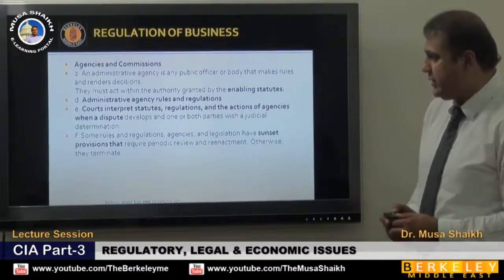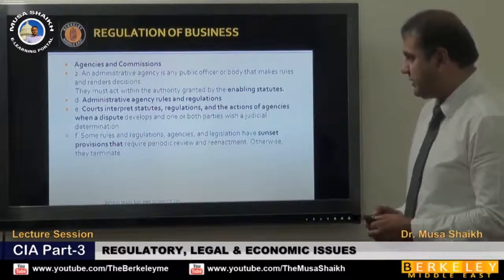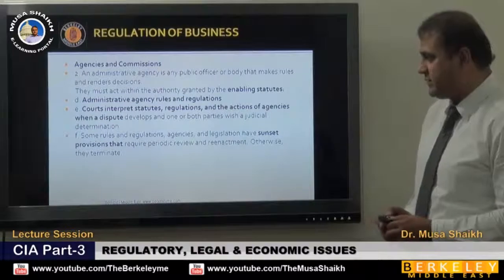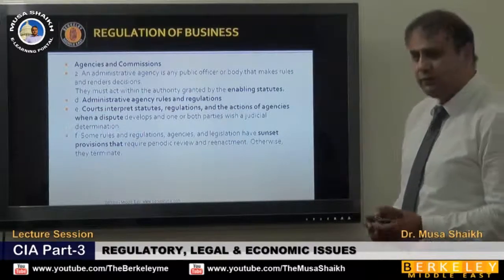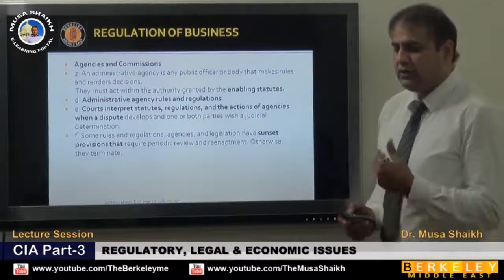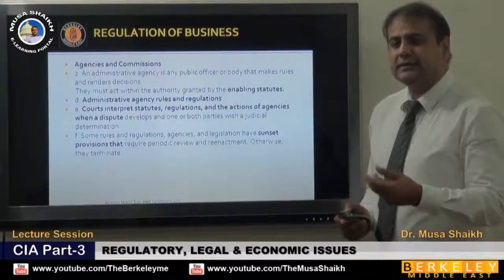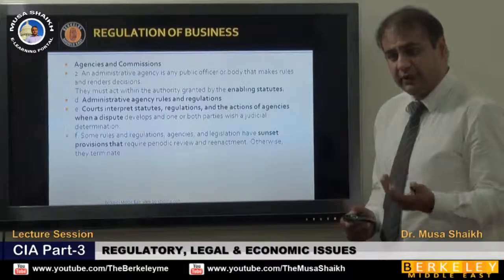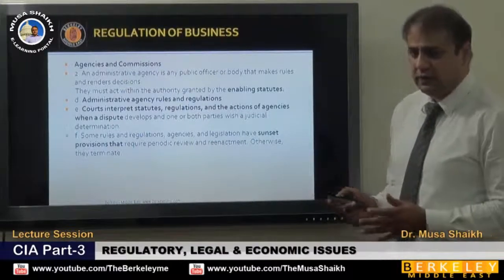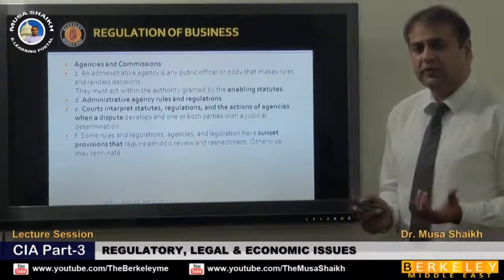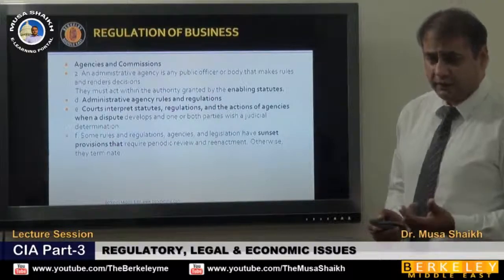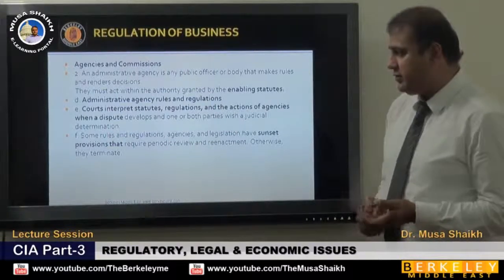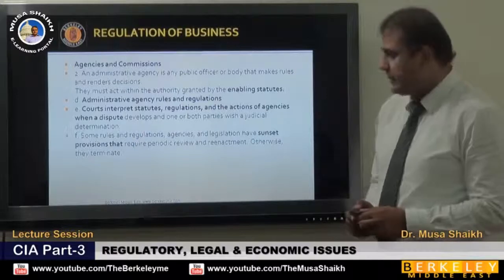And courts interpret statutes, regulations and the actions of agencies when a dispute develops between both parties. Means you are not satisfied with the latest regulations issued by the Ministry of Health. You are a big pharmaceutical company and you feel it's going to create a problem for you, so you have a right to go to court, right?